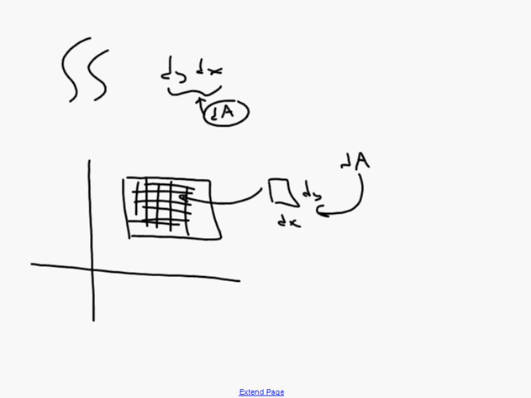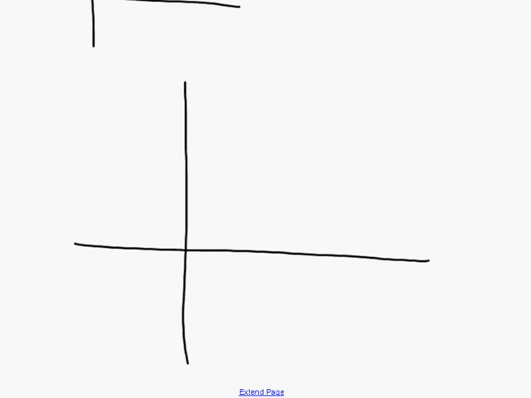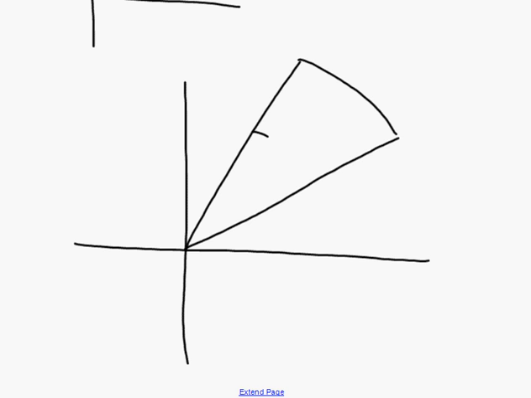In polar coordinates, though, when we partition, things look a little different. So consider for a moment an area that's spanned out by a certain change in theta, which would be represented by this angle in here, d theta, and then a certain change in r. Well, that's this distance.